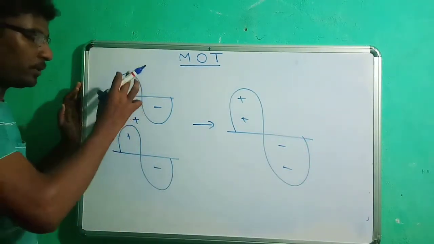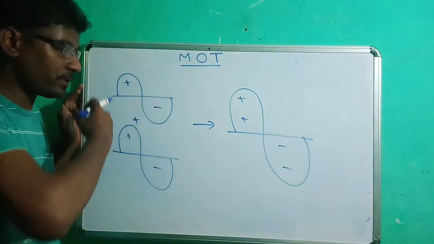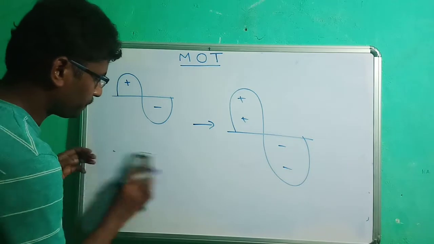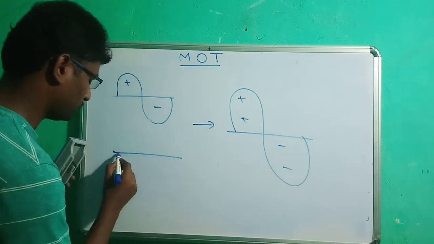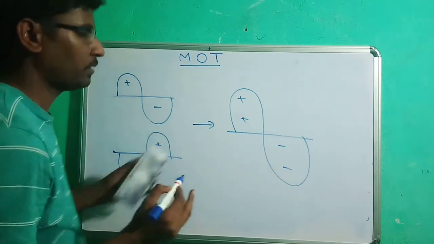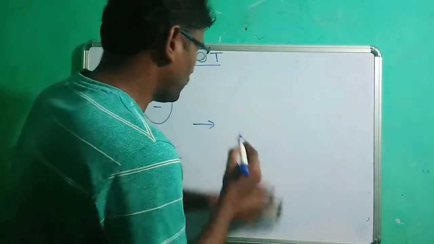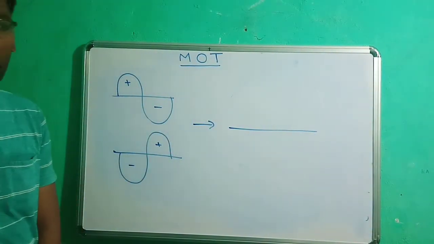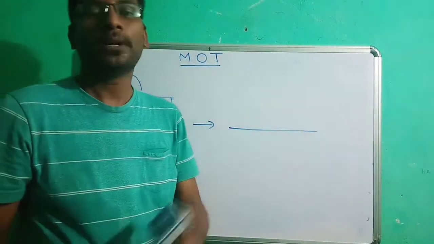Likewise, if the two atomic orbitals are out of phase, then cancellation of these wave properties results in a nodal plane, which means no probability of finding the electron.